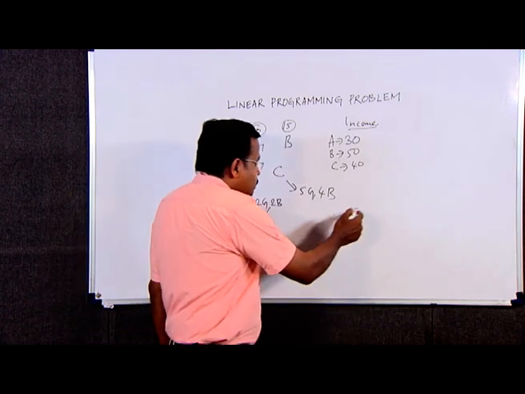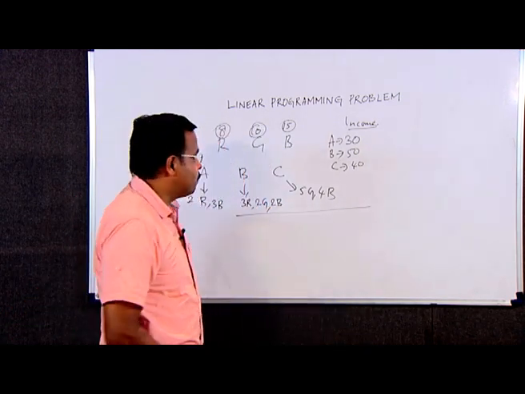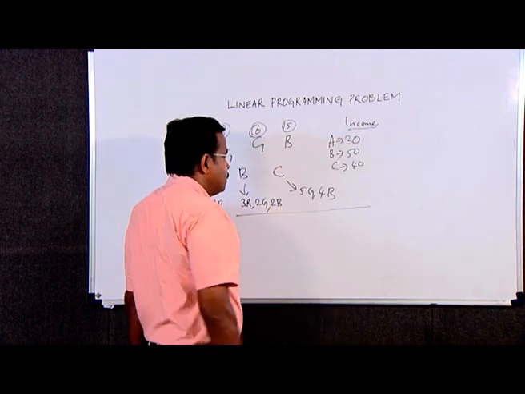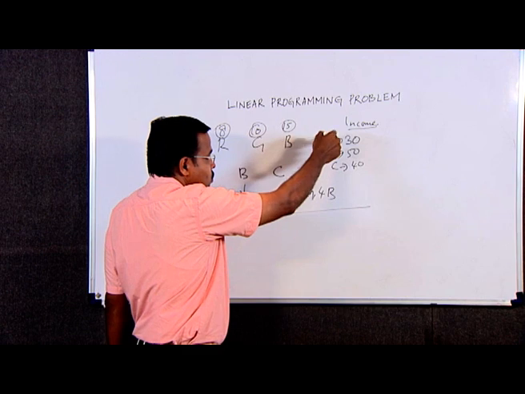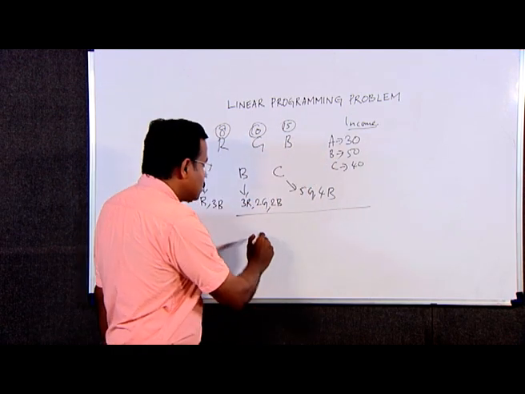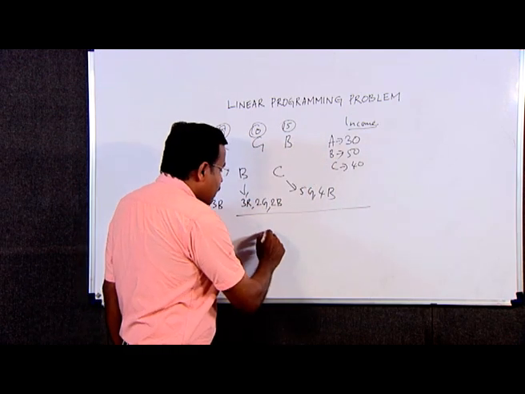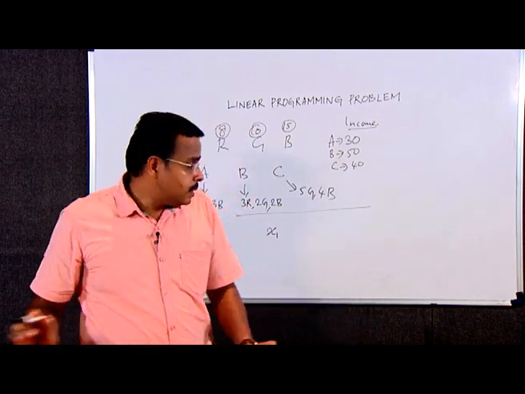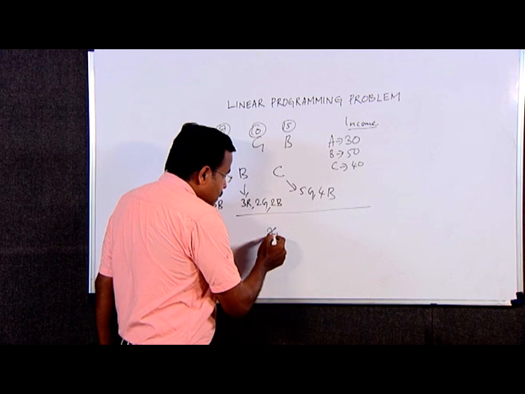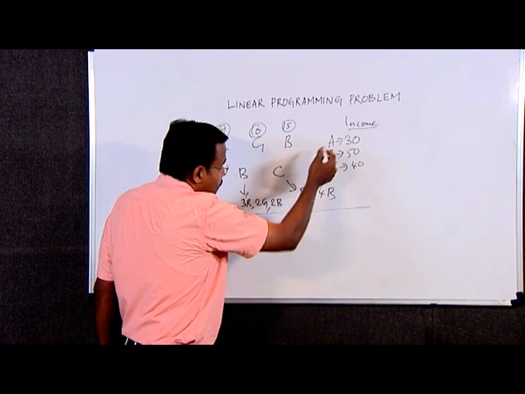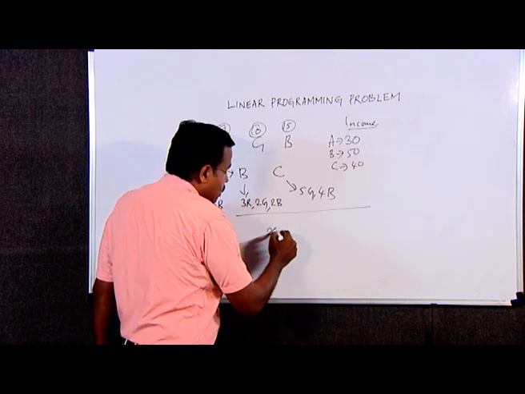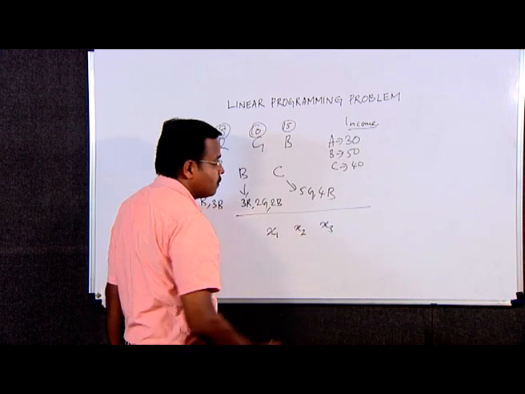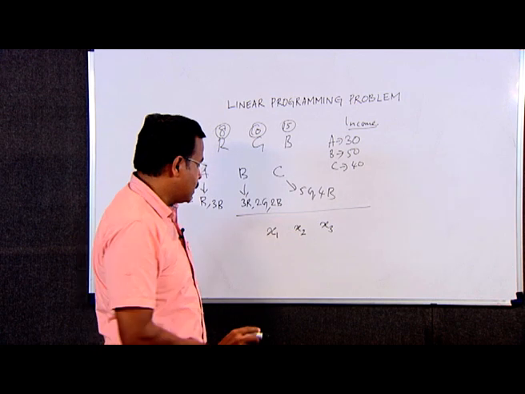So, definitely the objective is to maximize the income by making different types of cloths. We are assuming let x1 denote the total units of A cloth produced, x2 that of B and x3 that of C, in total unit length.